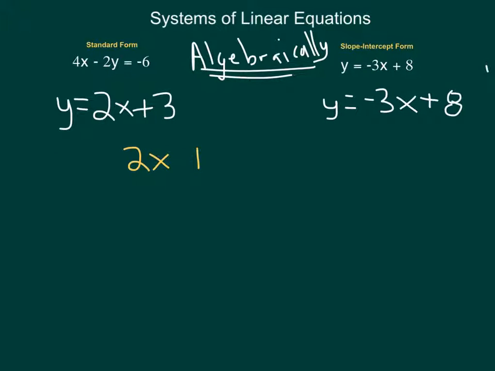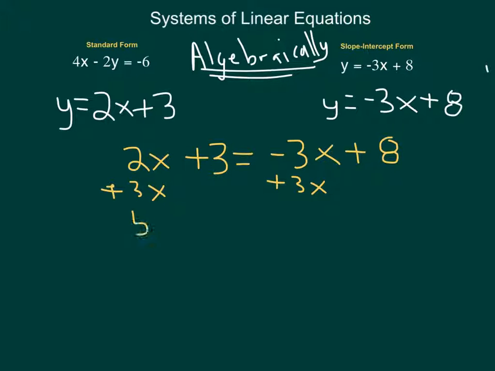So the first thing is, for solving algebraically, you get the equations into slope-intercept form, and since they both equal y, you can set them equal to each other, which then enables you to solve for the x portion of the ordered pair. So what we're going to do here is collect the variable terms onto one side.